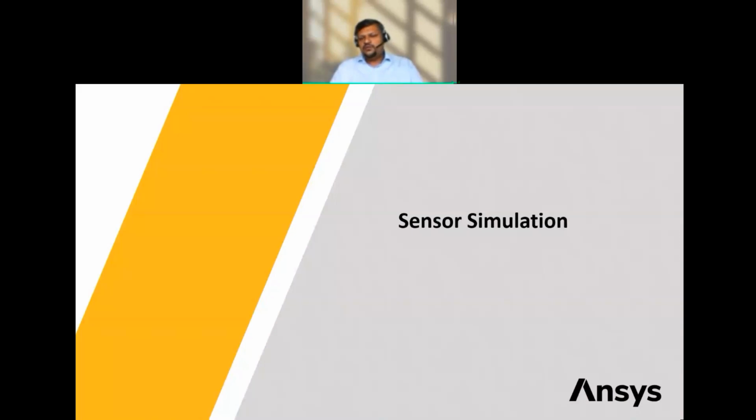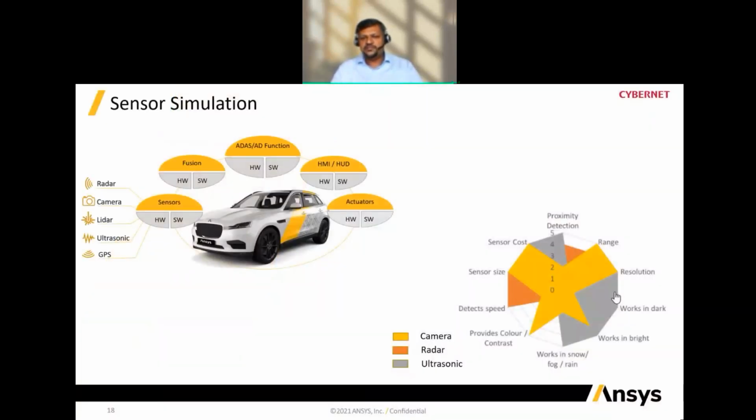Now we have talked about the interior and exterior lighting, and let's take a look at the sensor simulations. We are working mostly in the visible light range when I'm in exterior or interior lighting.